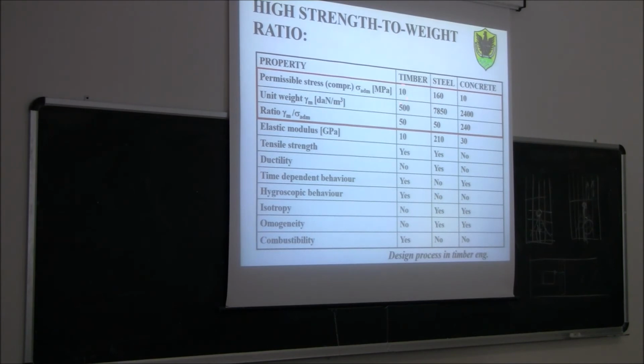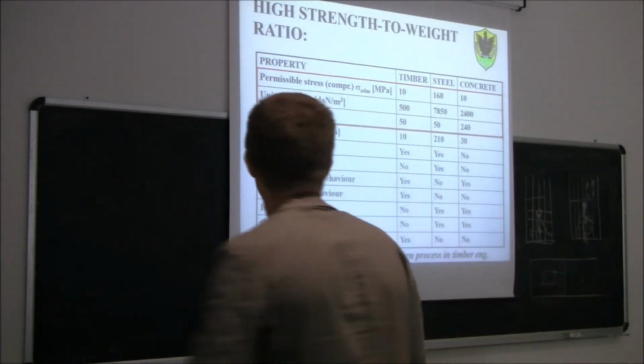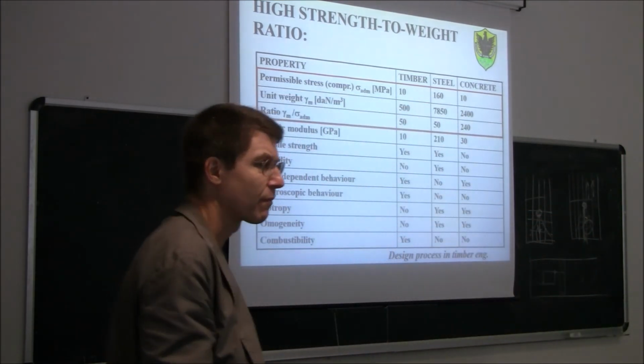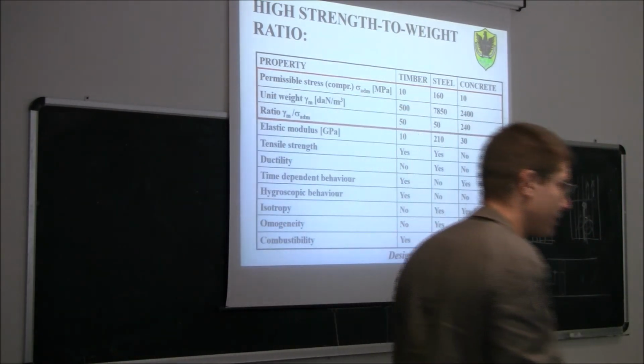Now, the first comparison that we can do is between the compressive strength of timber and the compressive strength of concrete. If we have a look, they are more or less the same, 10 megapascal. What does it mean that they have the same compressive strength?